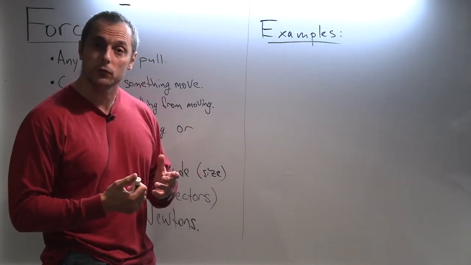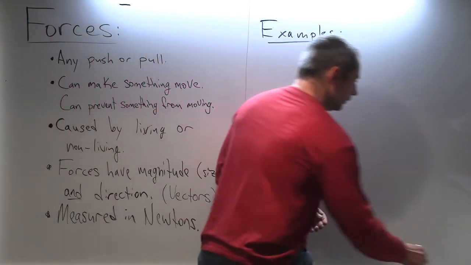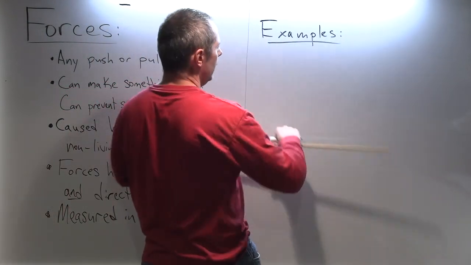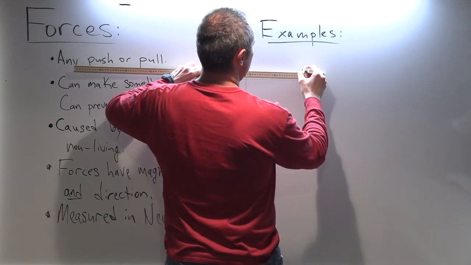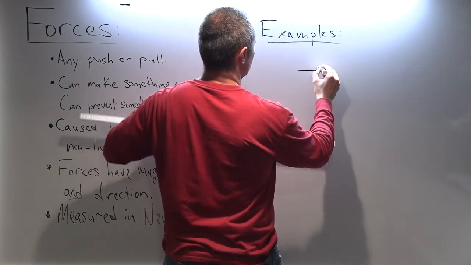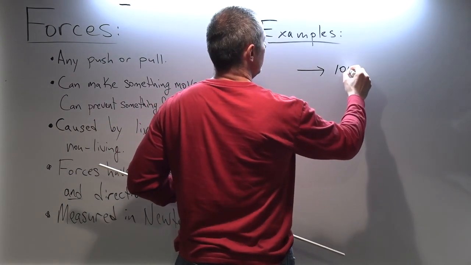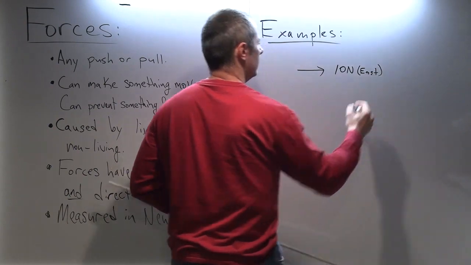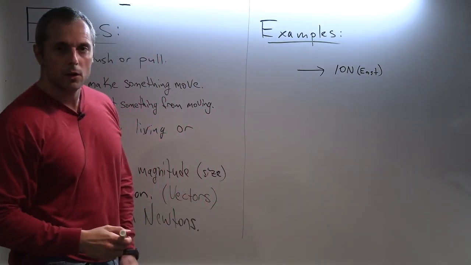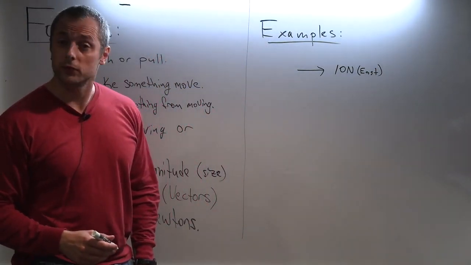Arrows. So that's what we use to represent forces. So let's suppose I draw an arrow like this. And I know that that is 10 newtons east.